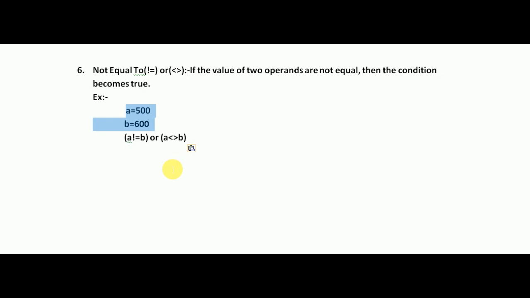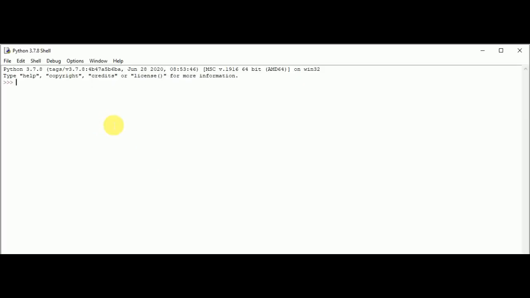Now let's take an example in a real environment. So this is the shell interactive mode. Here we have two variables a and b. A contains 1000 and b contains 500.